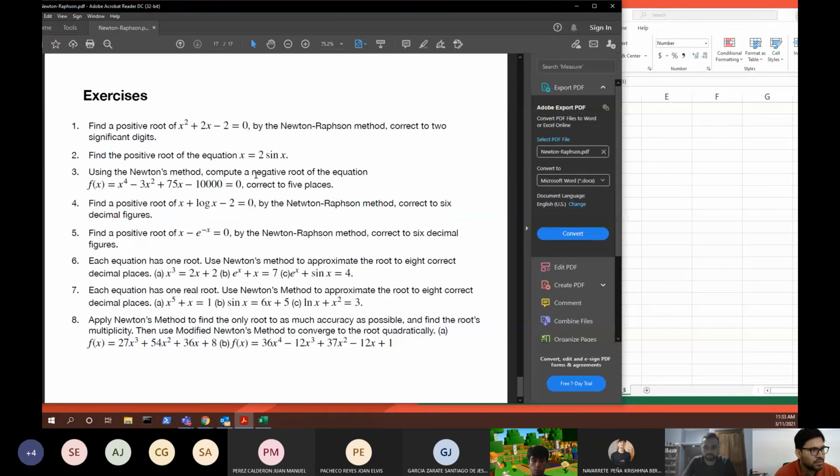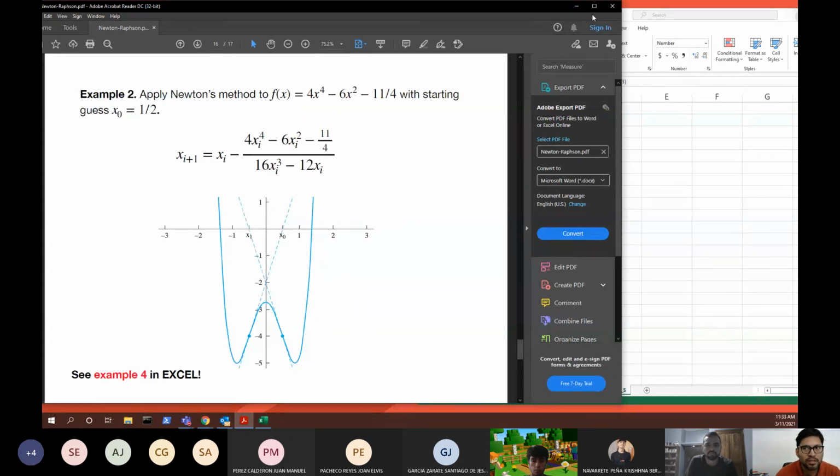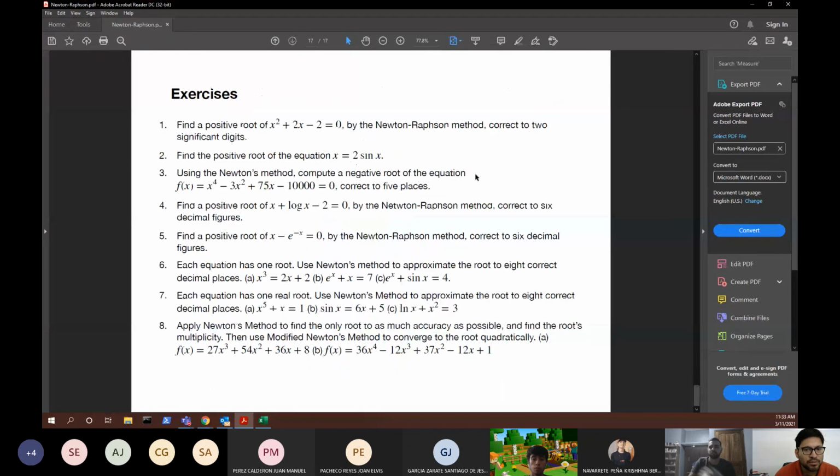Okay, good for you guys. This is what I had for you today. I hope this is clear, at least for the examples we saw. The examples here are very, very simple, so you don't have to do a lot. This is easier than the fixed point iteration method for sure.